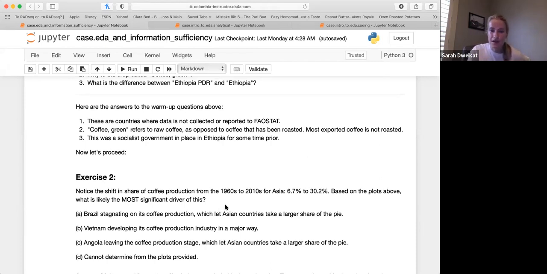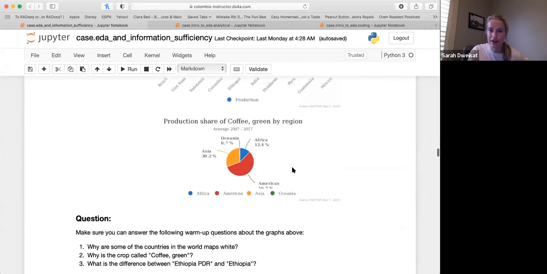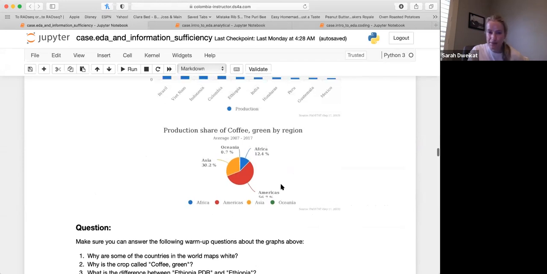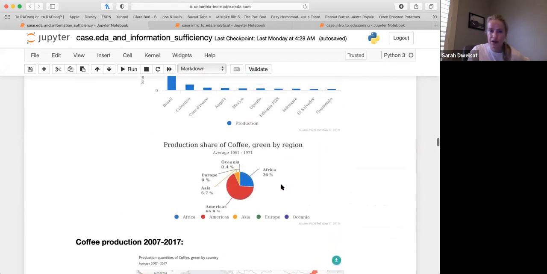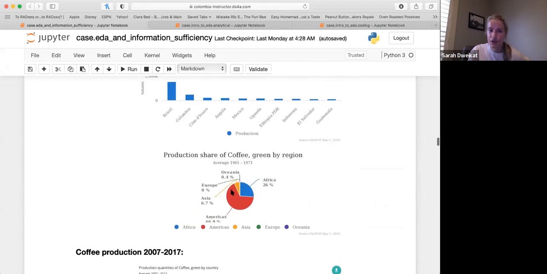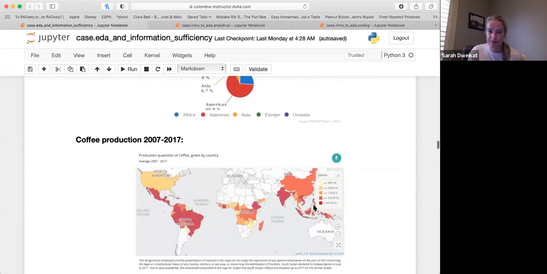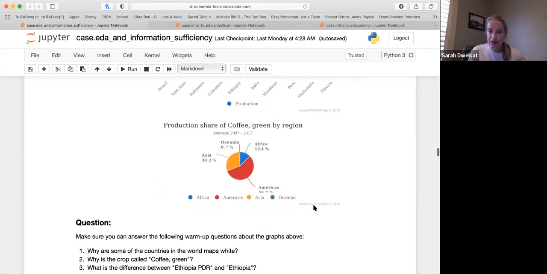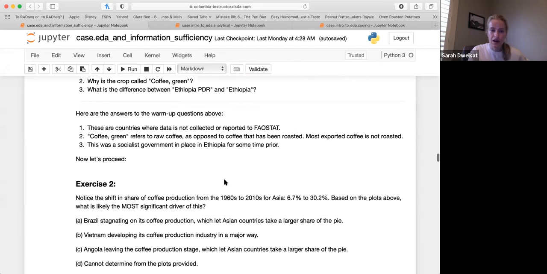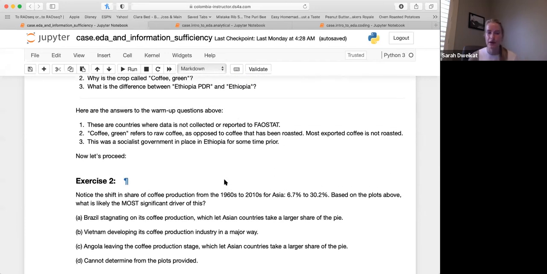Let me go back and just remind you, we were looking at these plots that show Asia had 6.7% of total production. And then later, Asia has 30.2%. So we want to look at, based off of the other data in those plots, the other countries, what is likely the most significant driver of that increase in the production share?